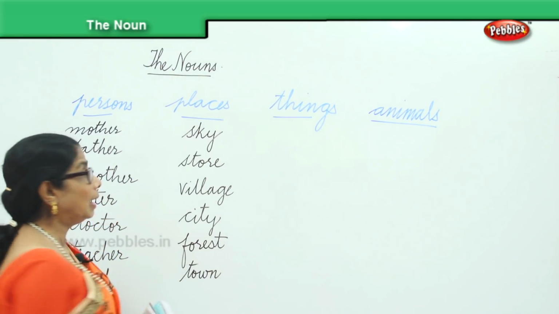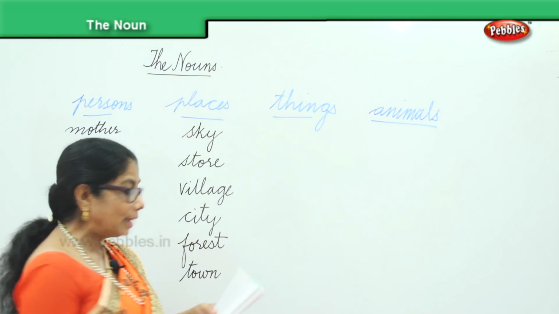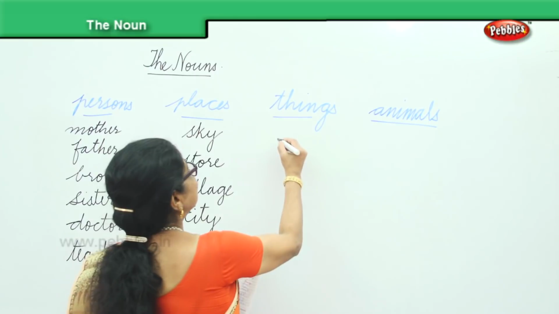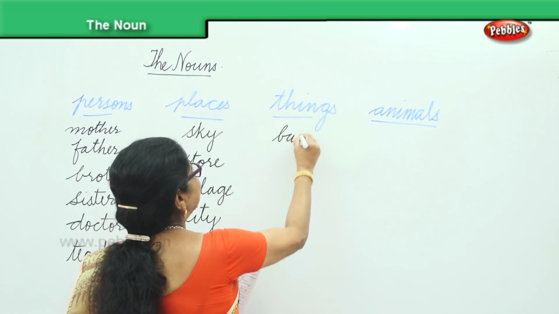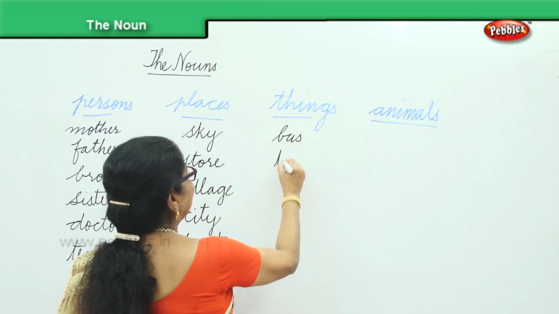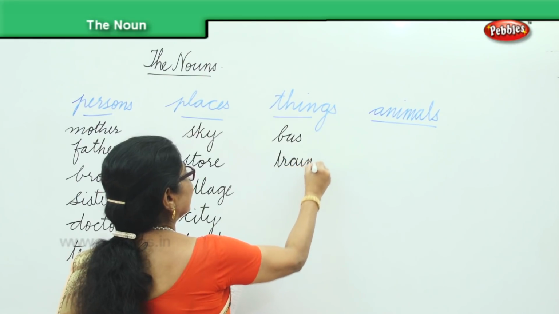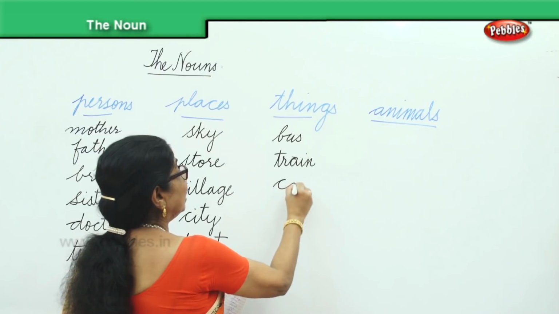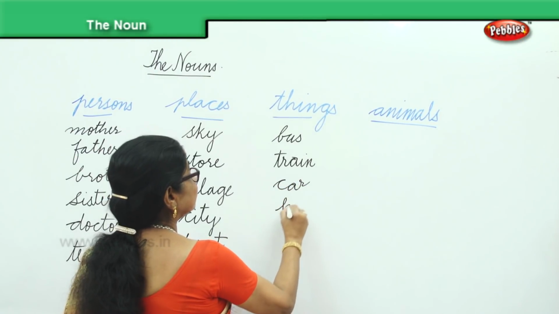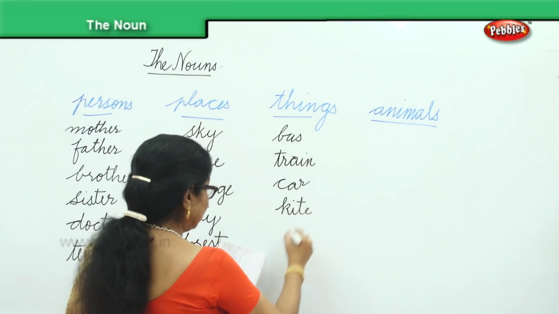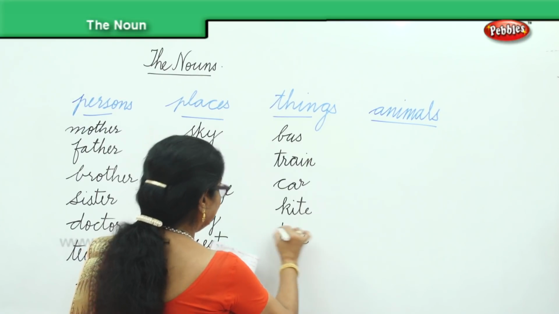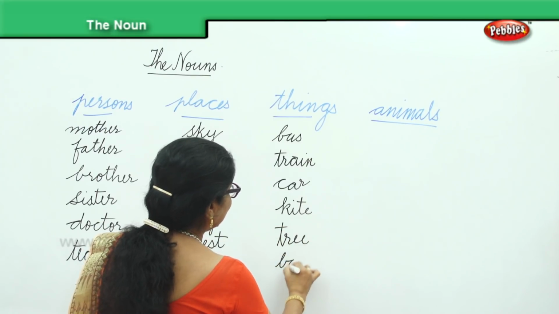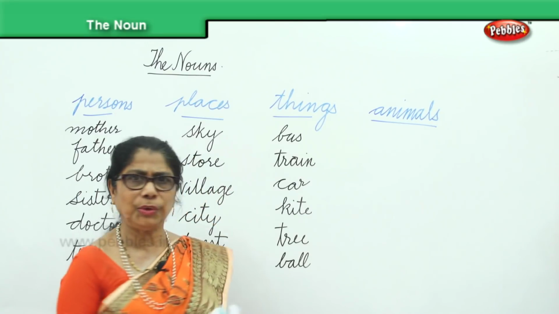All these are places. Now let's look at some things. Now, when you say things, it can be bus, train, car, kite, tree, ball, star, anything, whatever you can name.